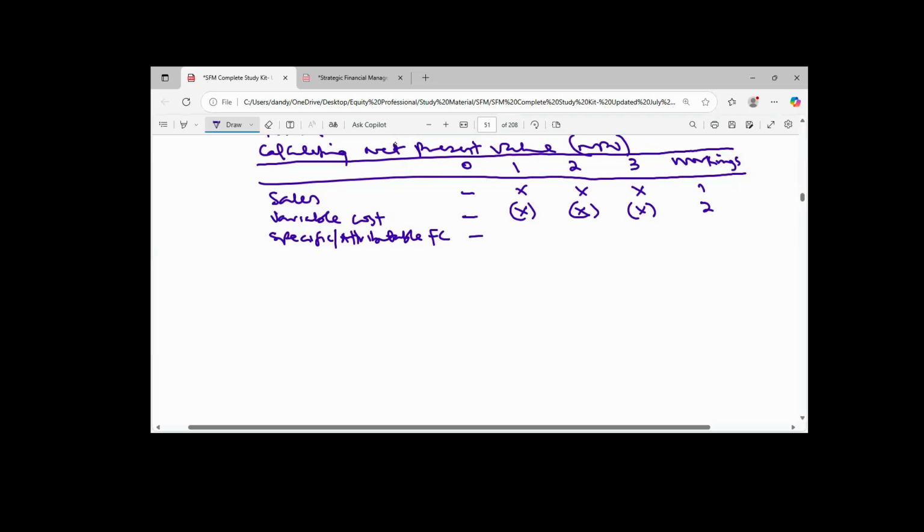Just multiply the inflation rate, inflate the fixed cost, then you come and post. If you do working for that, no problem, but it's a waste of time. So any other cash flow you are given in the question, you consider it. All right. Then of course, find the difference. Okay. So this represents the profits.